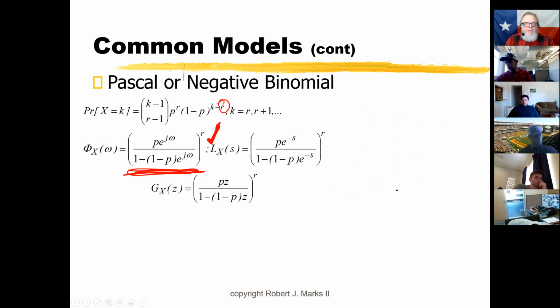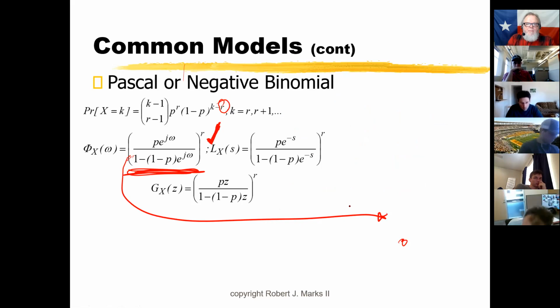We can actually go back. What about for this case? What happens when omega is equal to 0? The top becomes p, doesn't it, because e to the j0 is 1. What does the bottom become? 1 minus 1 minus p times 1.